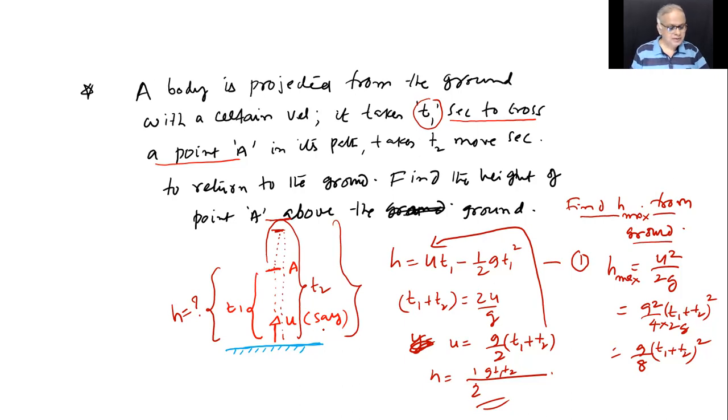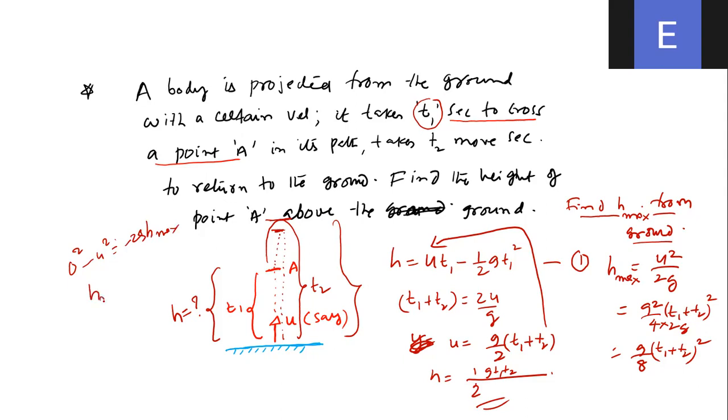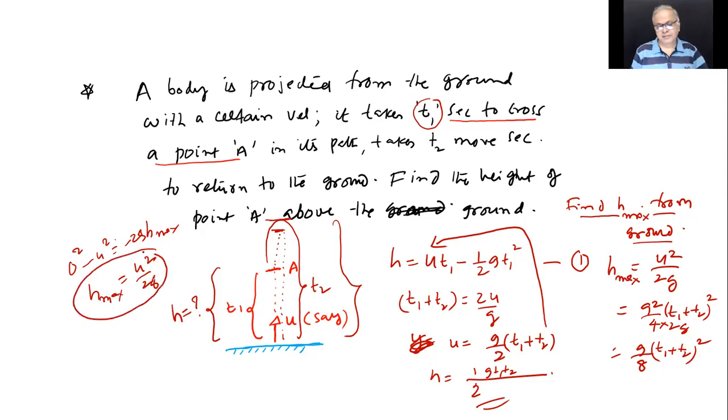Is it all right? u is there. 0 square minus u square equals minus 2g H max. So H max is, you substitute. Yes, got it.